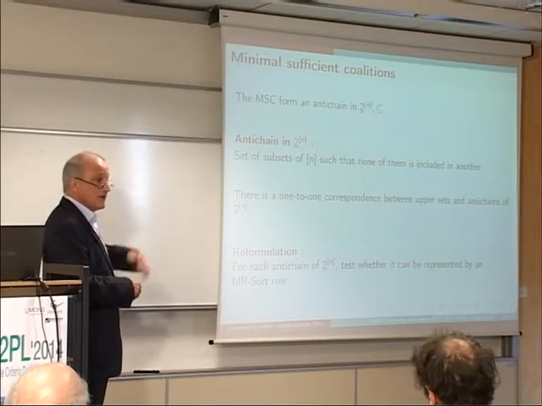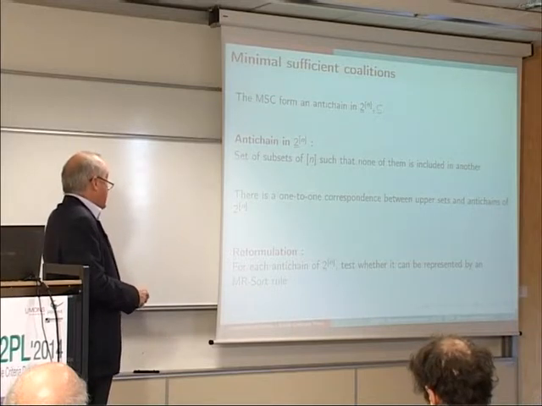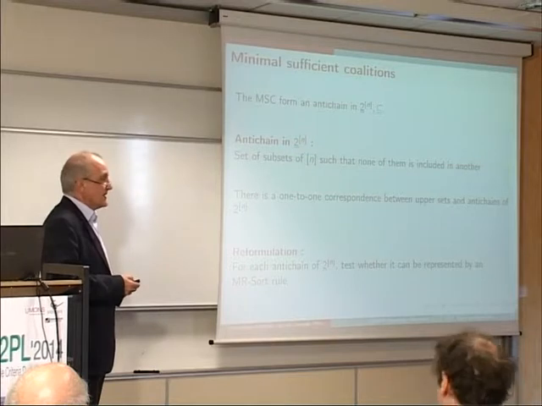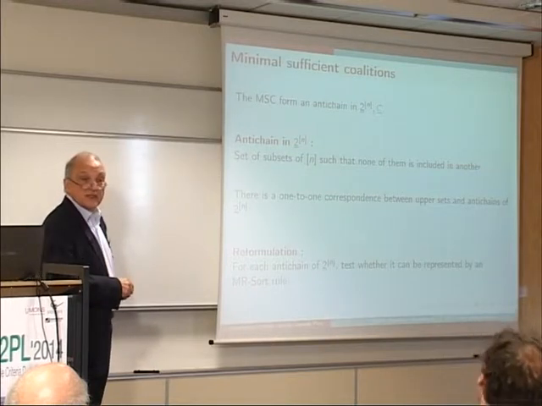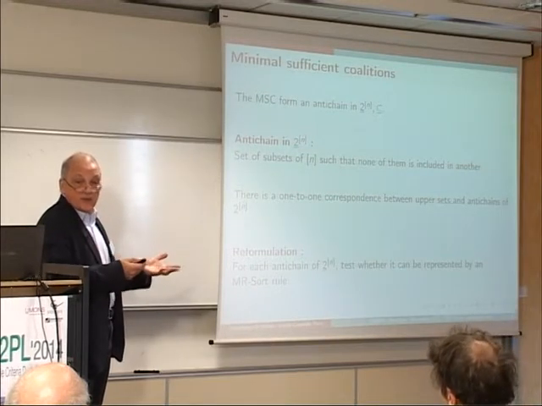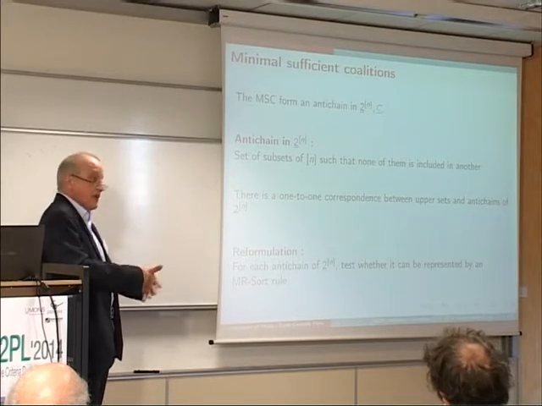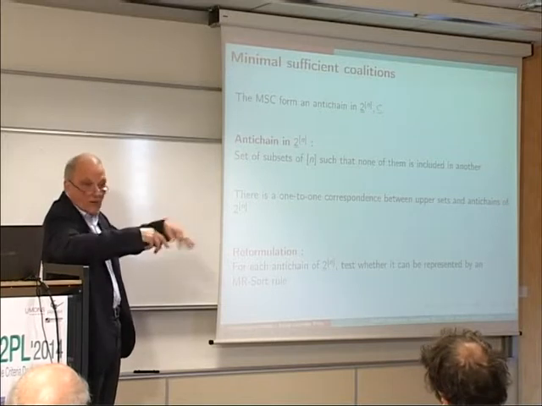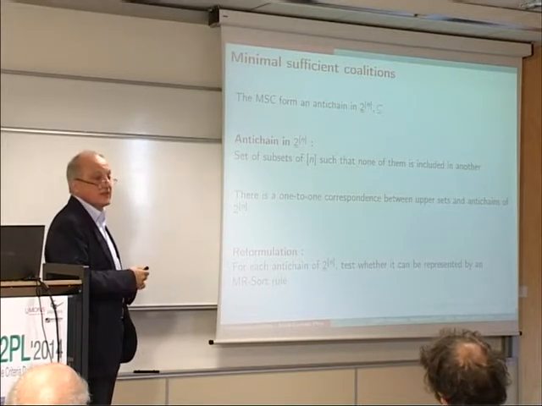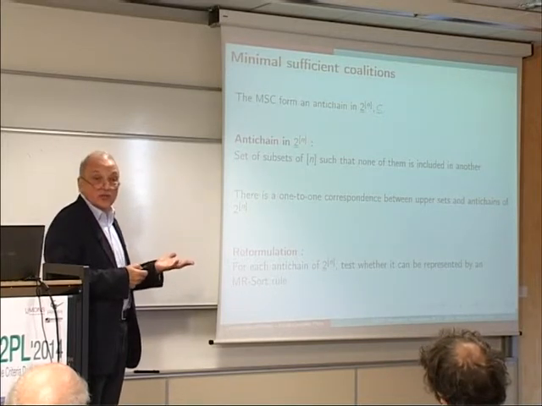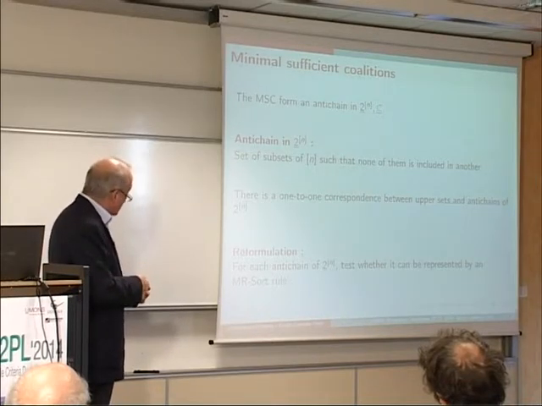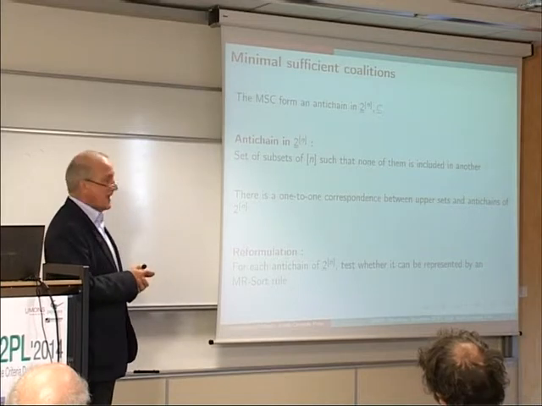There is, of course, a one-to-one correspondence between upper sets and anti-chains in this set. So you can either describe the set of sufficient coalitions by listing all of them, or by listing the lower limit of this subset, that is an anti-chain. So a subset of subsets that are not included in one another.